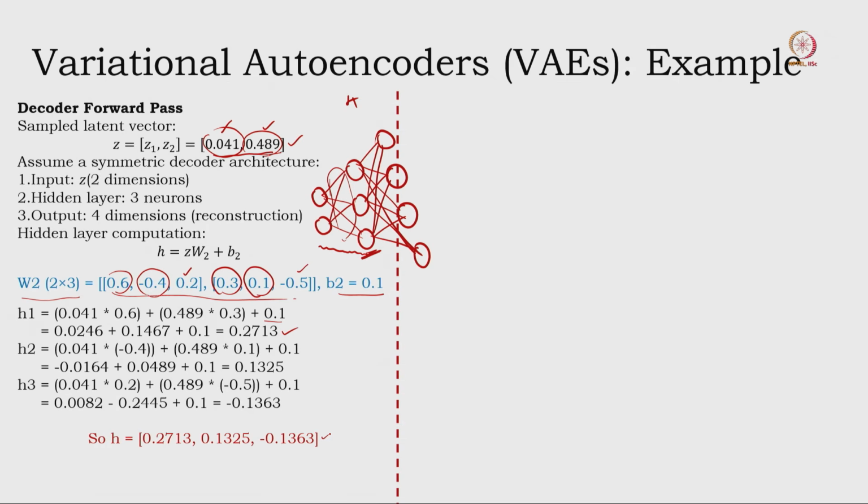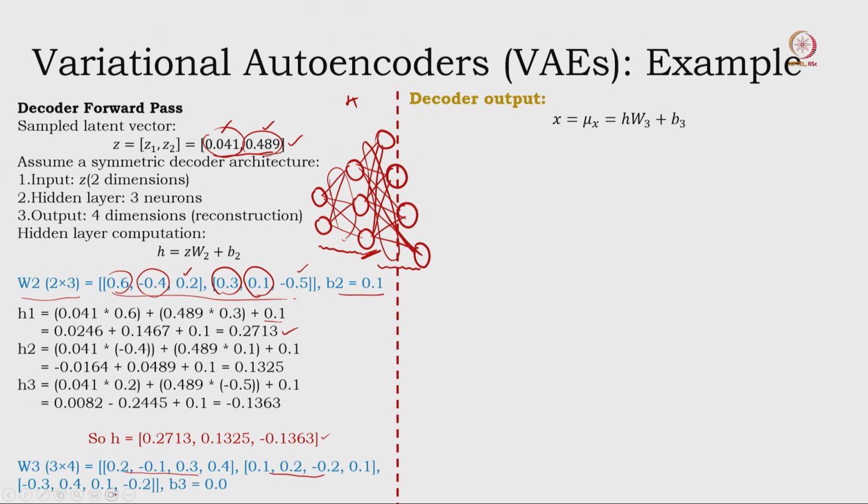Next, we need to do this calculation. Since there are 4 neurons, we have 4 such weights that we are assuming. H gets multiplied with the weight and then the bias.